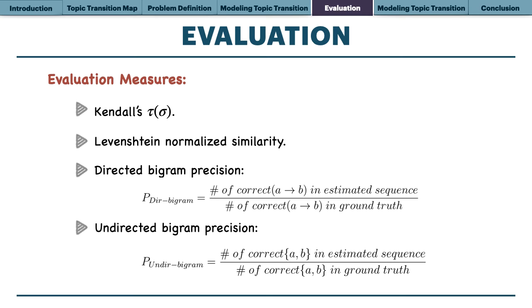So here, higher is better. Directed bigram precision and undirected bigram precision capture the correctness of the transition between adjacent lectures, where in the directed precision we take into consideration the direction, while in the undirected one we ignore the direction.